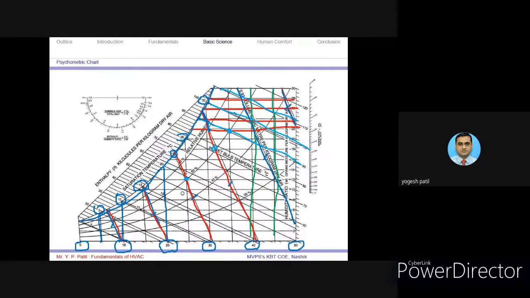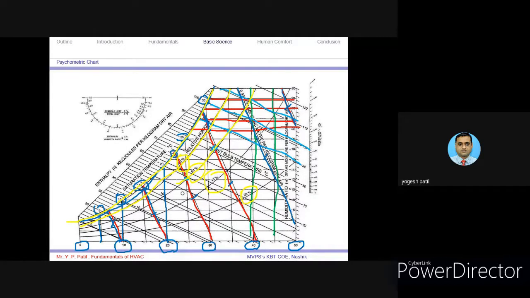In this chart you can see all these lines indicate the relative humidity, and their values are mentioned here. You can see this is 20%, 40%, 60% here, then 80%, and the maximum is 100%.